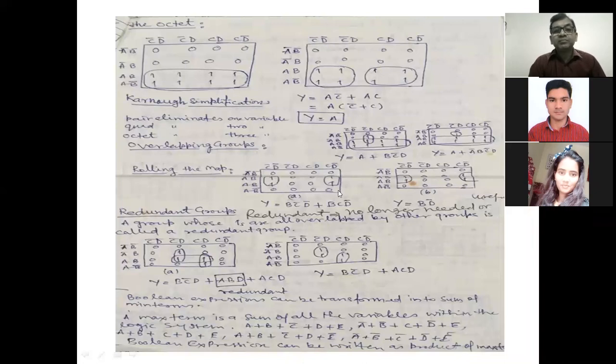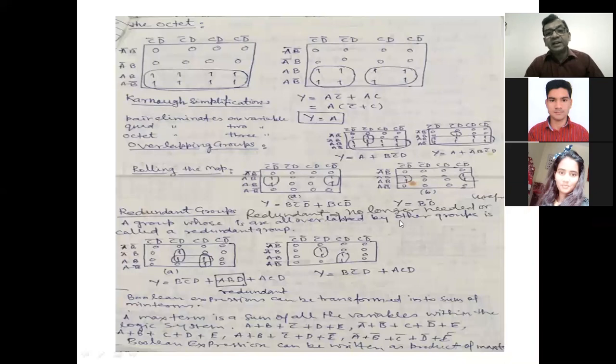For example, if we solve this K-map for two pairs, that is this pair and this pair, this will give y equal to bc bar d bar plus bc d bar, and this can be reduced to bd bar. If you roll this K-map and take this as a quad, this will give the result y equal to bd bar. So simply we can say that a K-map can be rolled also.